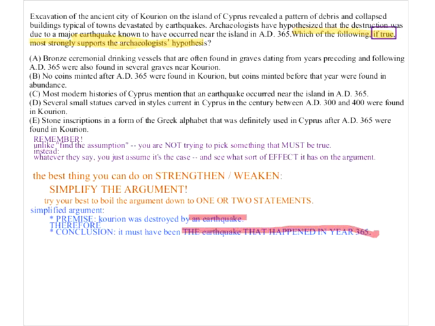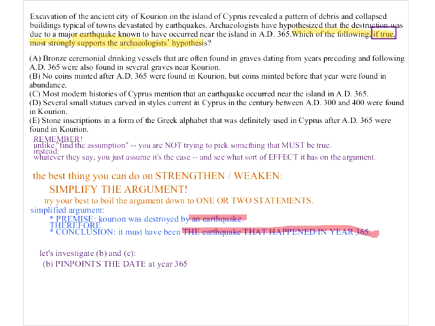So, to strengthen this, let's see how these things affect it. The most popular, almost all of you picked either B or C. So let's investigate B and C. B pinpoints the date at year 365. Because this says there were tons of coins from before 365 and there were no coins at all after 365.